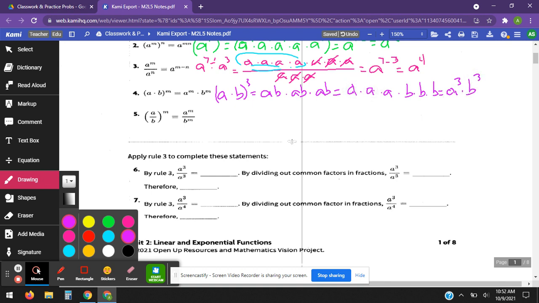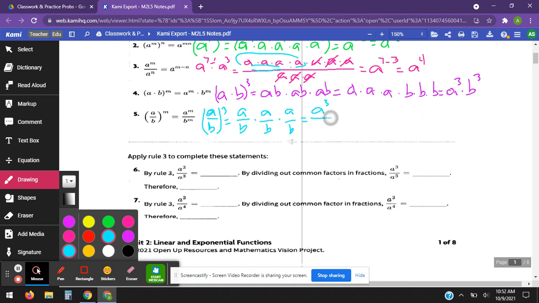Okay. And our last one, how we can distribute these as well. Let's just do to the 3rd again. So a over b, and we'll put that to the 3rd power. So what that looks like is a over b times a over b times a over b, which we know we just multiply those a's together.